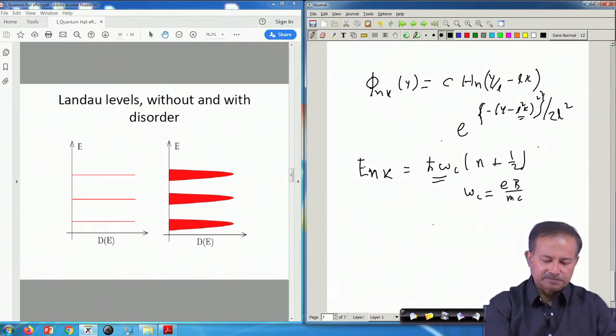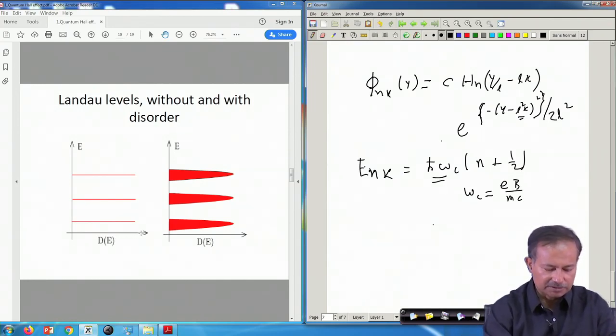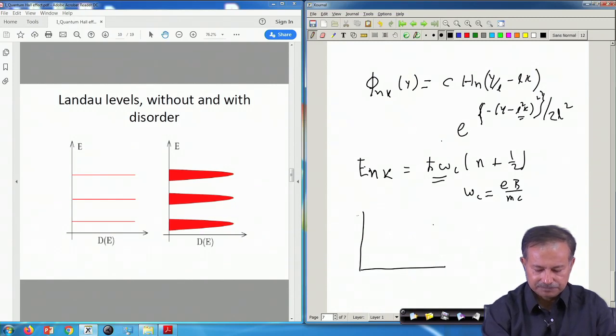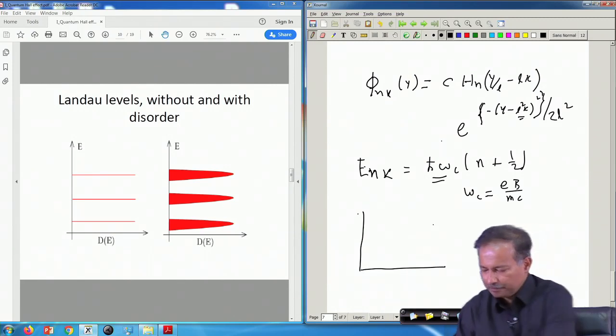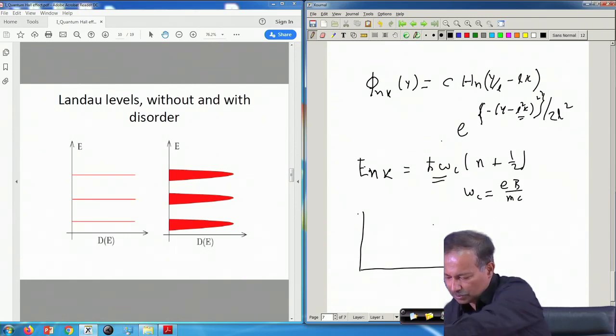So, that means that the energies are quantized in this form, energy as a function of, this is density of states written, but if you write the other way, let me just draw it the way we normally draw.